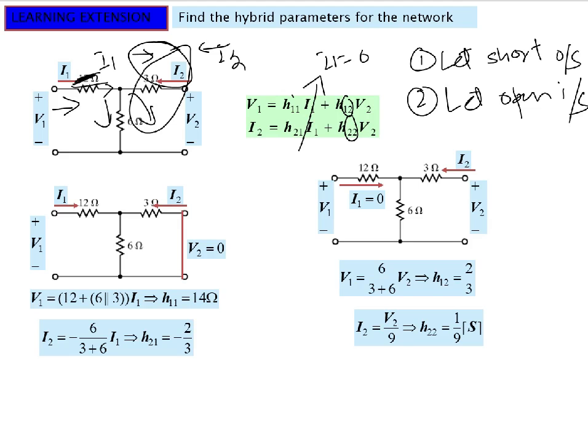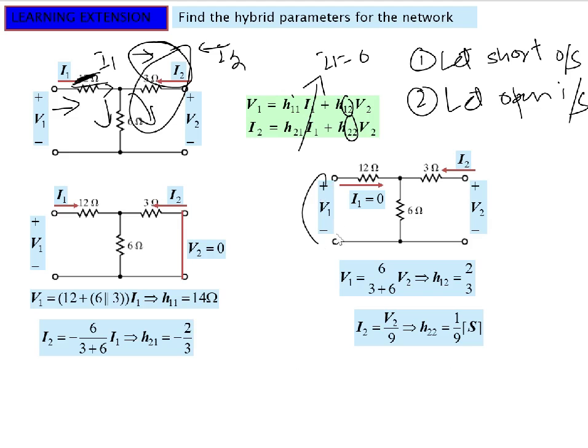This is a very important point, that if a current is 0, that means that the circuit on that side is open. So if a current is 0, we will have a voltage appearing on the open side of the circuit.